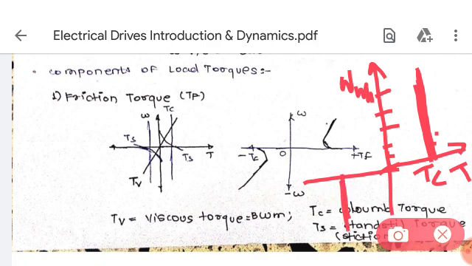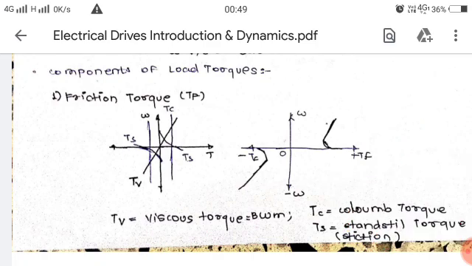So it is a fixed amount of frictional torque, a fixed opposition irrespective of speed. That is called Coulomb friction torque. Its equation is just some constant value, isn't it? T equal to some constant. That is the equation of Coulomb torque.